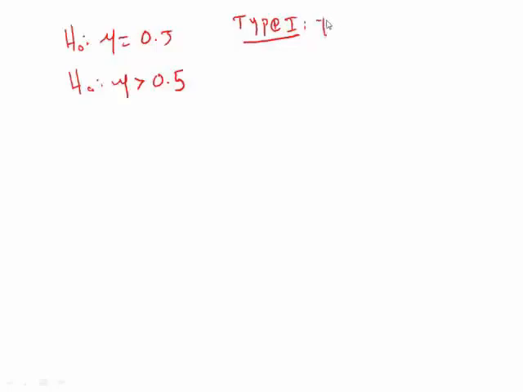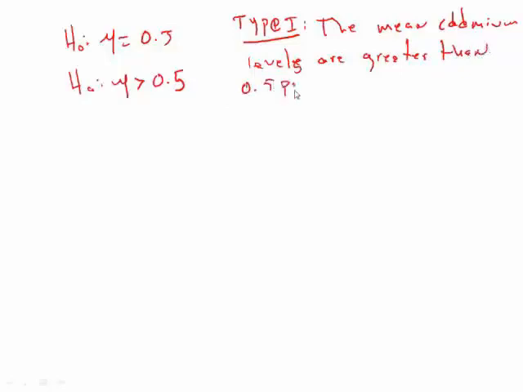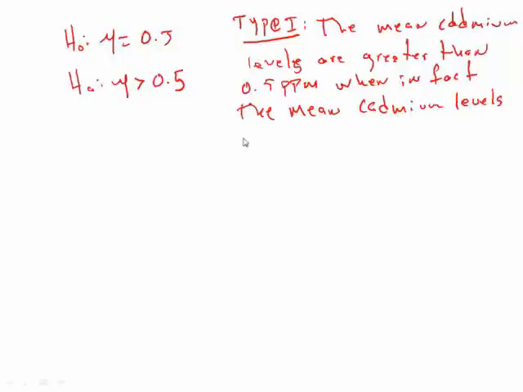So we are saying that the mean cadmium levels are greater than 0.5 parts per million, when in fact the mean cadmium levels are 0.5 ppm. So that would be the type 1 error.